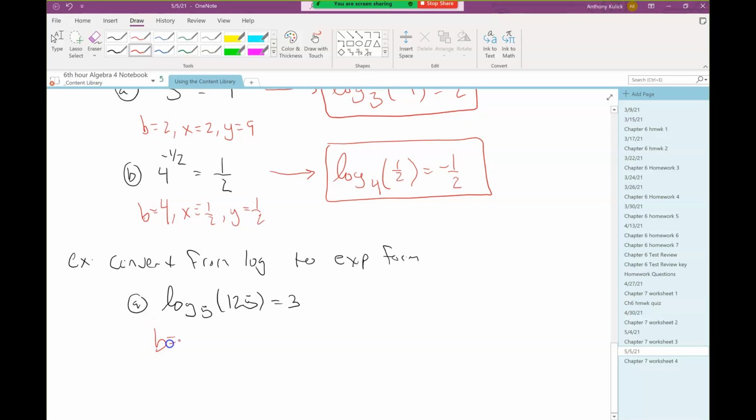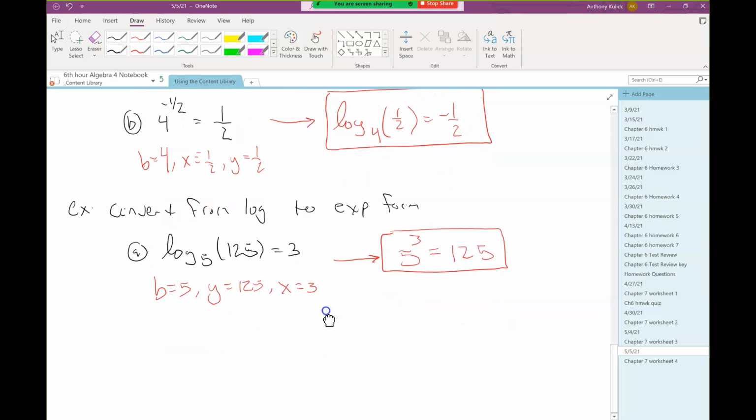Here my b is 5, my y is 125, and my x is 3. So I would say that 5 to the third is equal to 125. Everybody feel okay on doing this? Again, not terribly difficult. You're just using that little rule to rearrange things.